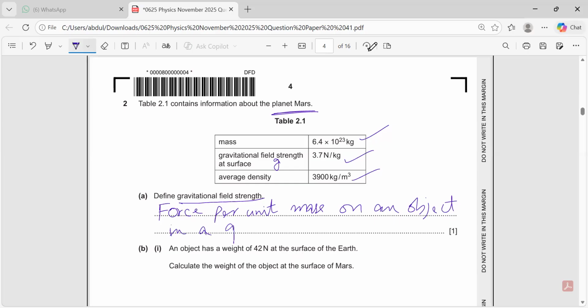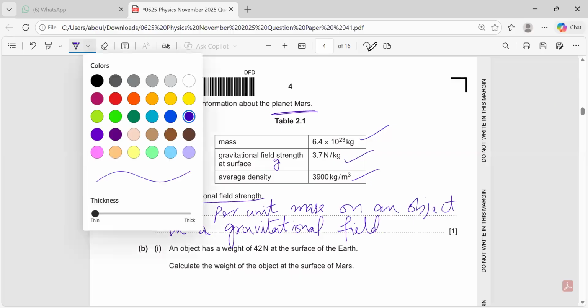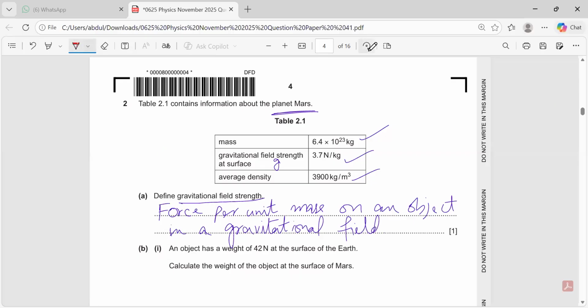And a gravitational field is caused by a mass. And I think if you just write force per unit mass, it will also give you 1 mark, as this is only 1 mark. Force per unit mass, that is also acceptable.